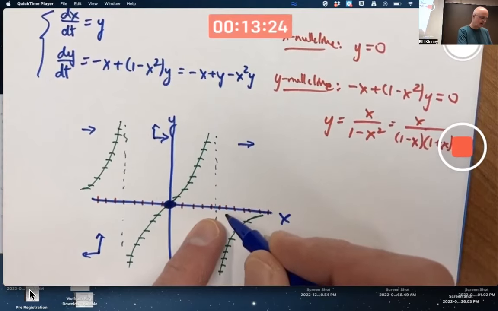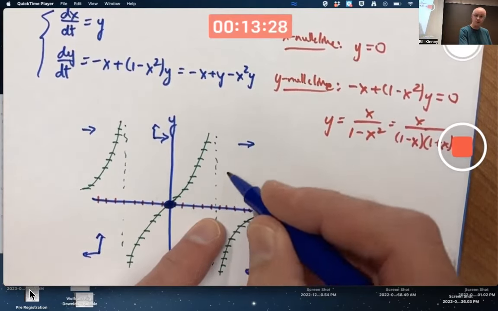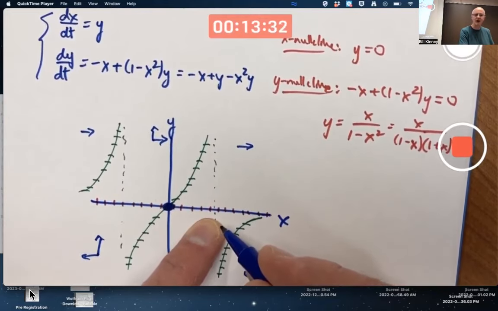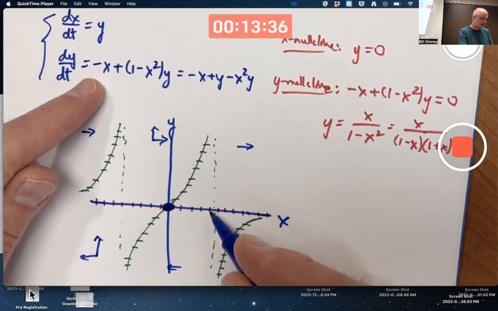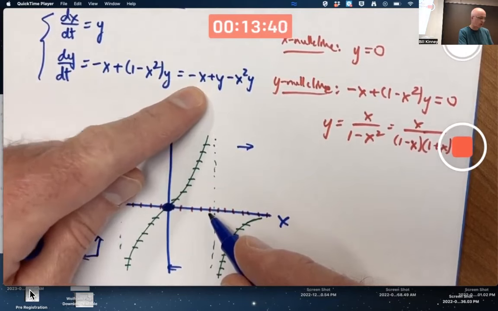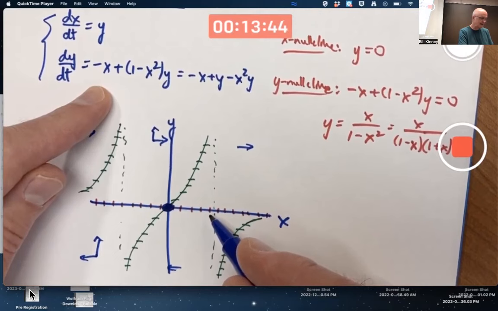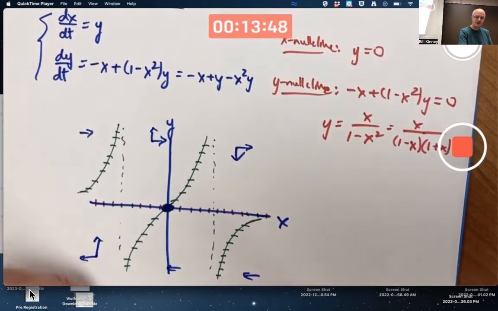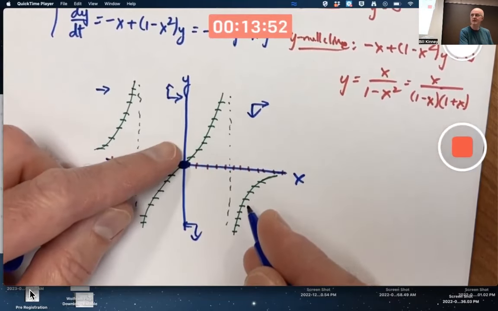Try a point over here. Perhaps since we're crossing that part of the y null line here, dy/dt will be negative in here, but test a point to make sure, like x is 1 and y is 0. You get 0 there, you get negative 1 there. Yes, dy/dt will be negative in this wedge here between these two pieces of the y null line.